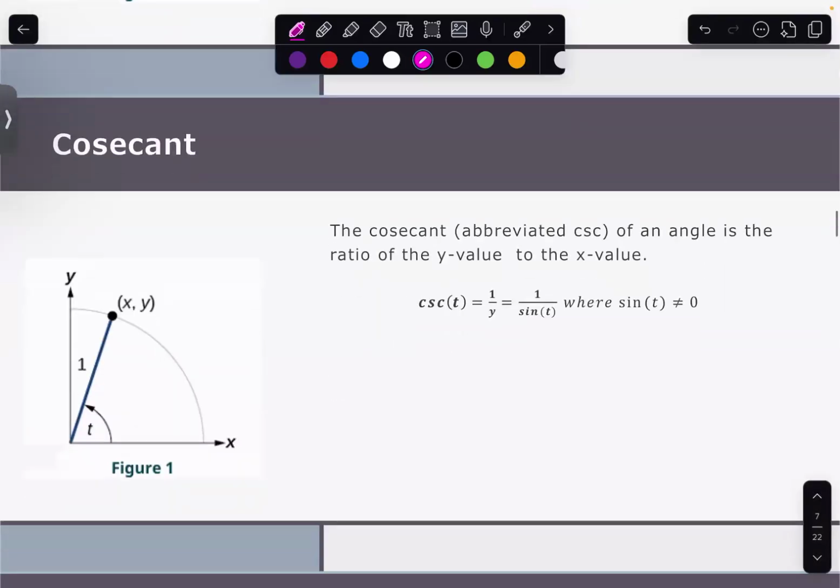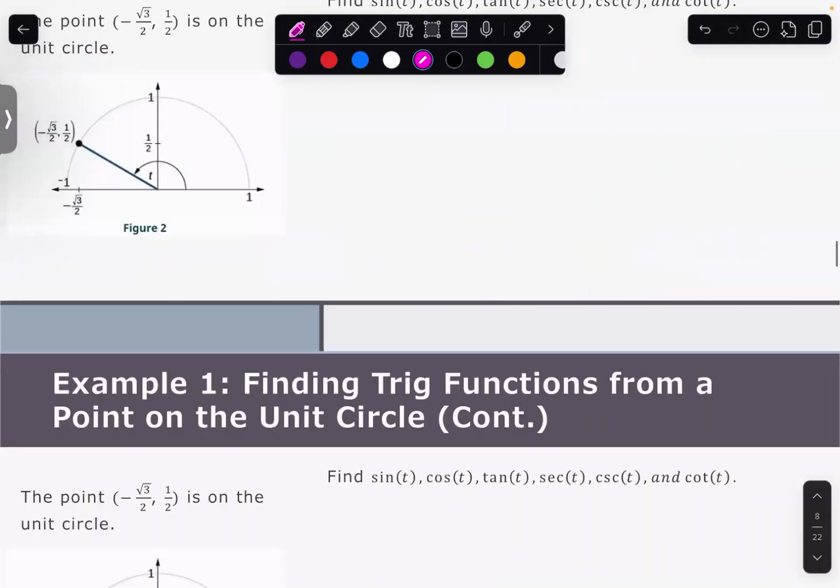Moving on to cosecant. Cosecant will be the reciprocal of sine, and this one will be the ratio of 1 to y, and we can also write that as 1 over sine of t. And since we're dealing with a denominator on all of these, we want to be sure that our denominator is not equal to 0, otherwise that is not defined.